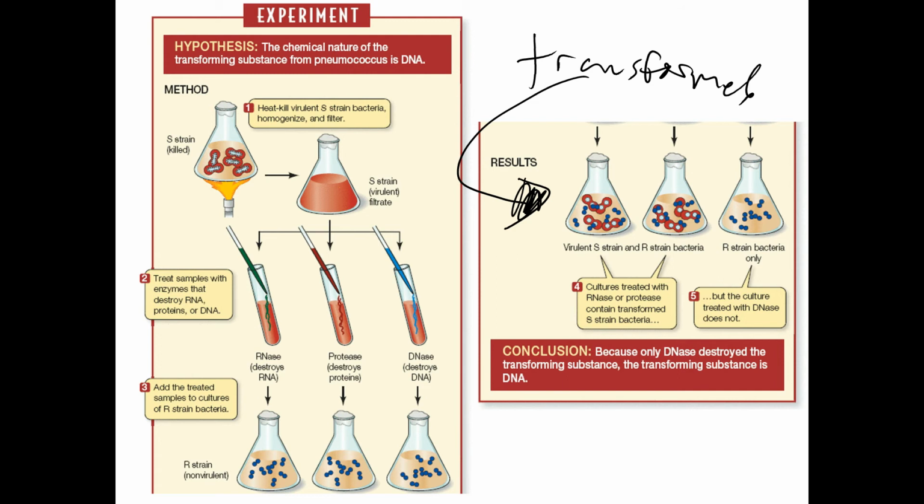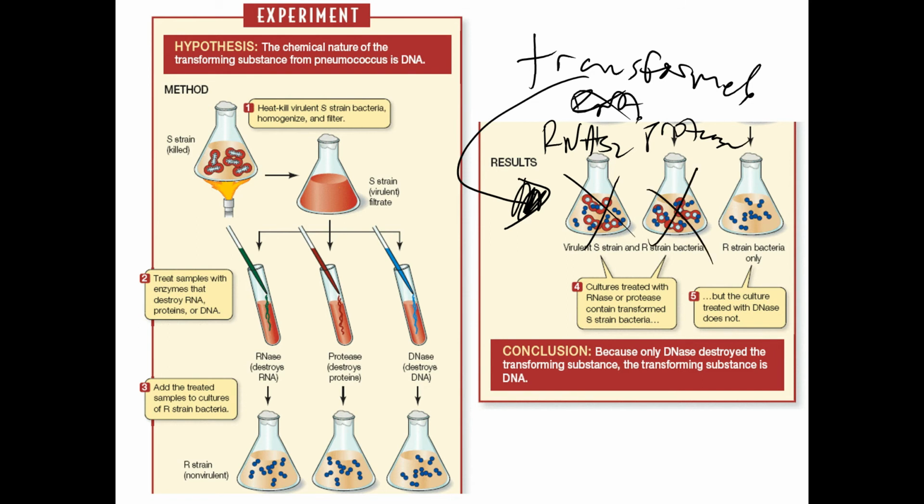Alright, so by treating your sample with RNase, you still have encapsulated bacteria. So RNA doesn't work. Alright, RNA is not the source of genetic material. Here, treating with a protease, alright, you end up with encapsulated cells.